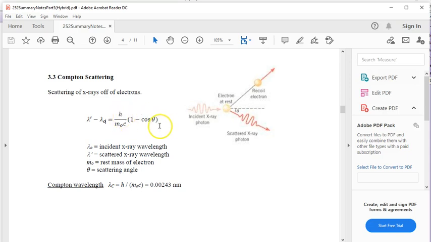But you can see in the formula that h is Planck's constant, m naught is the rest mass of the electron, which is what we think of as the regular mass in physics 2, for instance, okay? And then the speed of light, c. So there's no dependence on the actual type of atom that is doing the scattering in this metal. So very, very unusual, right? You would not guess that based on the wave model of light. But the photon model explains it. So let's see how the photon model explains it.